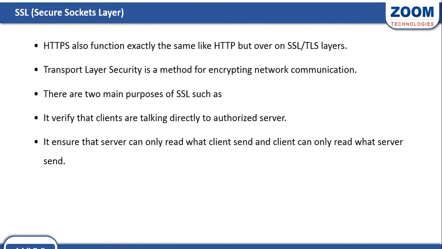The first purpose is that it verifies that clients are talking directly to the authorized server instead of an unauthorized server, and it ensures that the server can only read what the client sent, and the client can only read what the server sent.